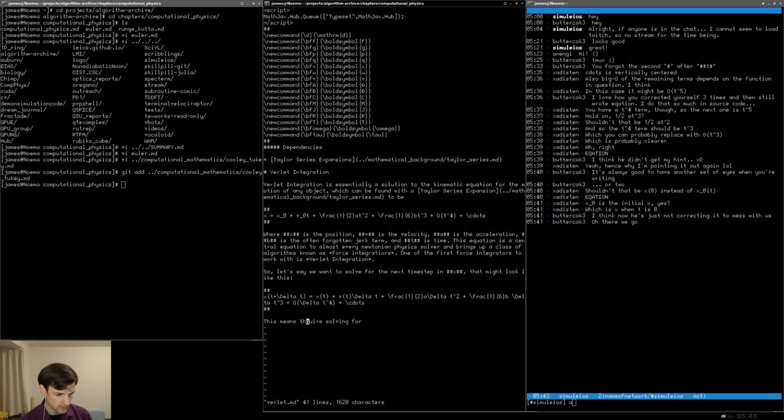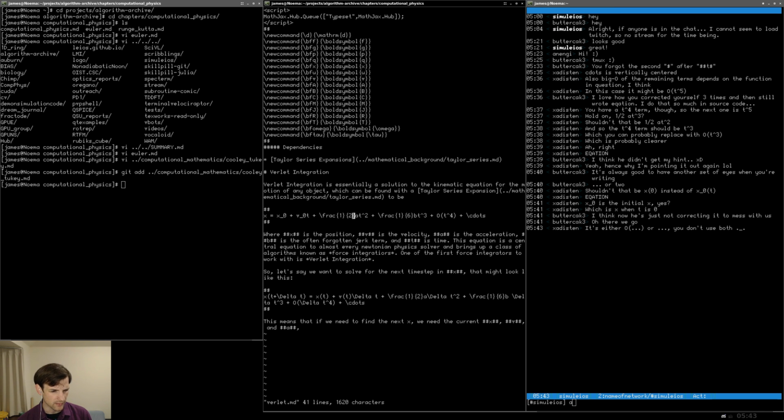This means that if we need to find the next x, we need the current velocity x, v, and a. Or people use O dot dot dot.